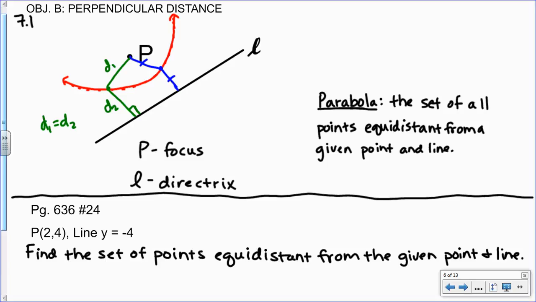So my point is (2, 4), so that's my focus. And then my line is y equals -4, so that's my directrix.